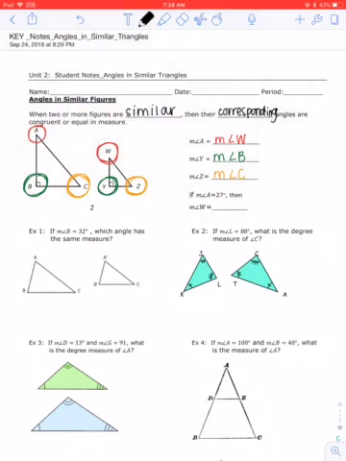So, if measure of angle A is 27 degrees, so we measured this and it's 27 degrees, then that means that the measure of angle W is also 27 degrees. So as long as you remember that similar triangles have corresponding angles and those angles are congruent, you're golden.